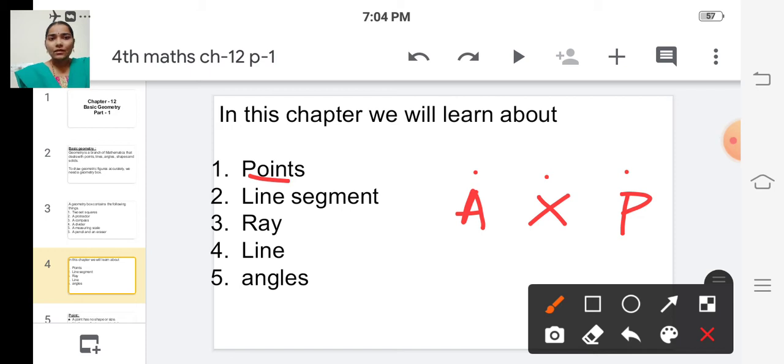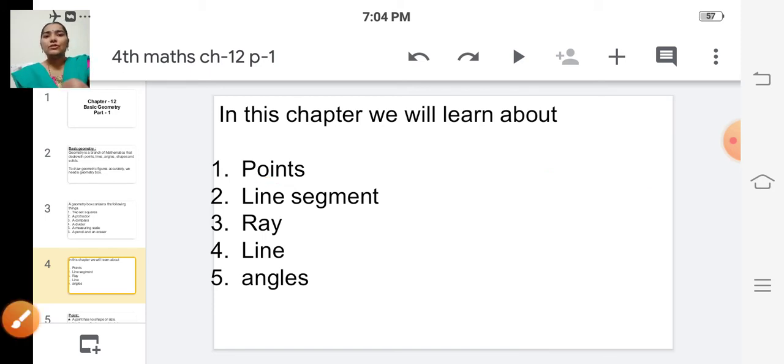Points is nothing but just a dot. It has no size, no length and no breadth, and it has to be represented by only capital letters.